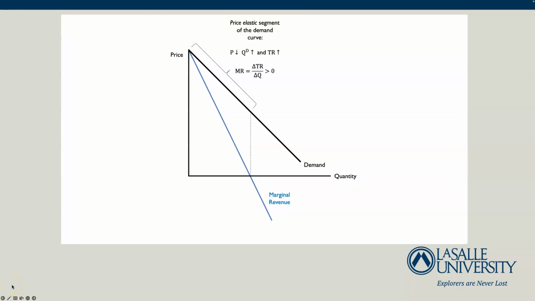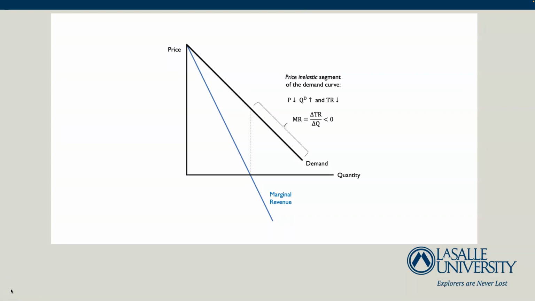Before that, when we have a price cut, we see an increase in quantity demanded, and we know that when price falls and quantity demanded rises, in this area total revenue is going to be rising because this is a price elastic segment of the demand curve. So as we're increasing output and sales, that's adding much more to our total revenue.